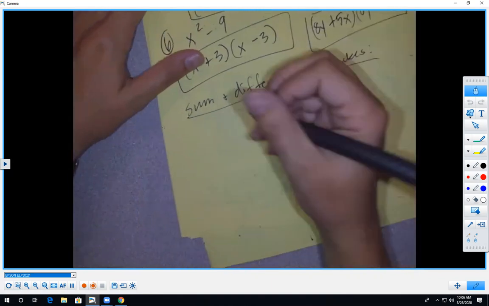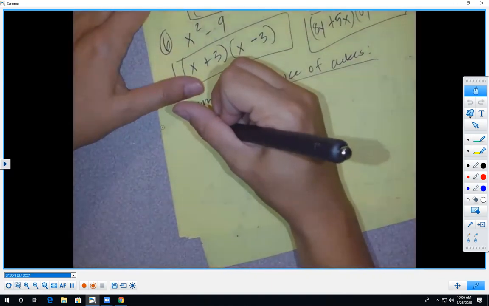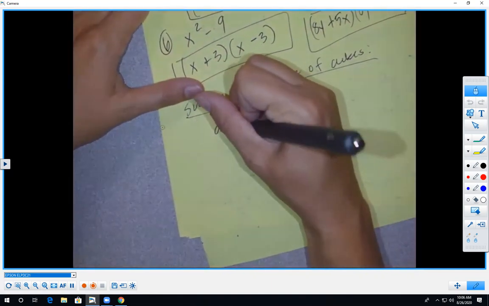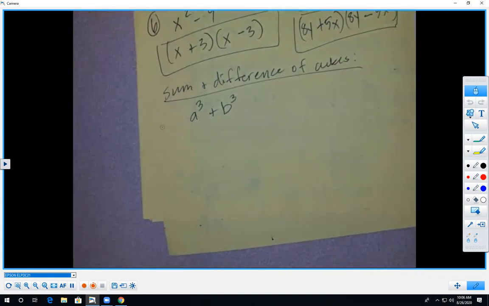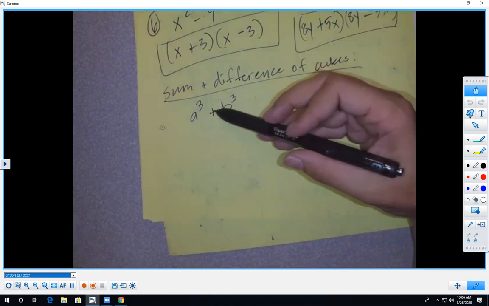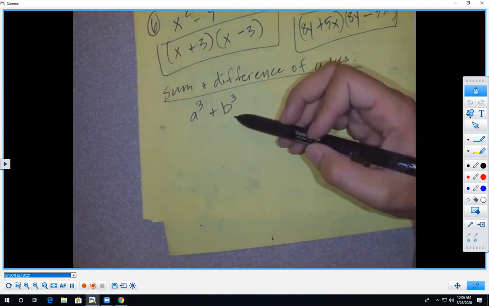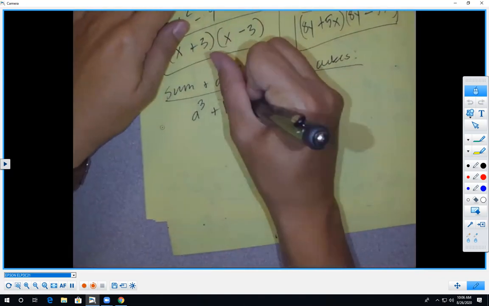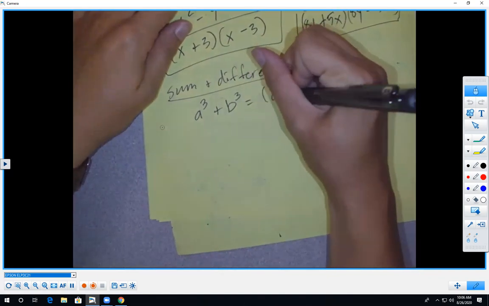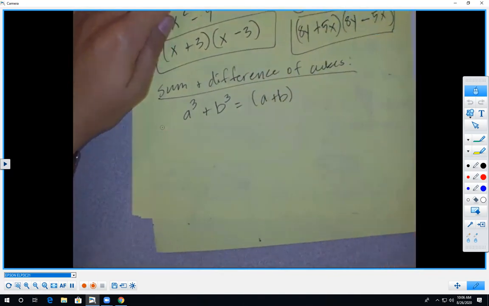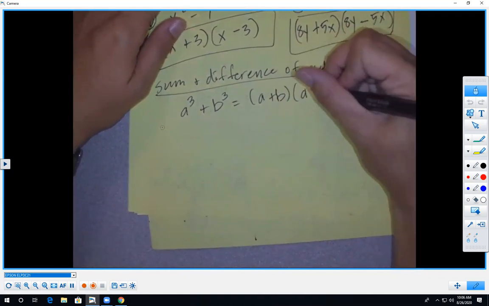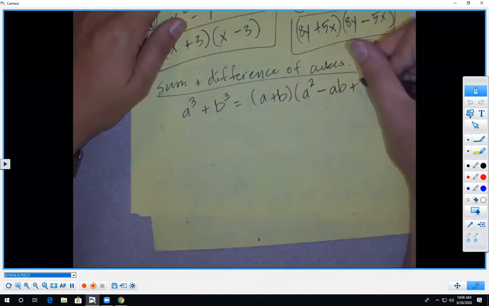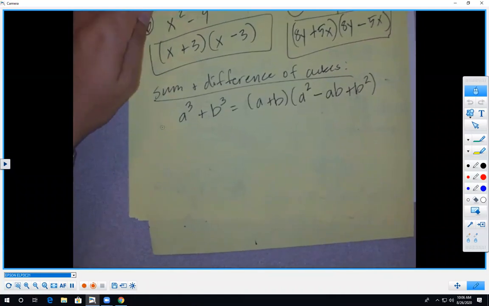The sum and difference of cubes. The sum is if I have a cubed plus b cubed. So it's the sum of cubes because it has a plus sign there, and the cubes there is because they're both perfect cubes. It factors into a plus b times a squared minus ab plus b squared.